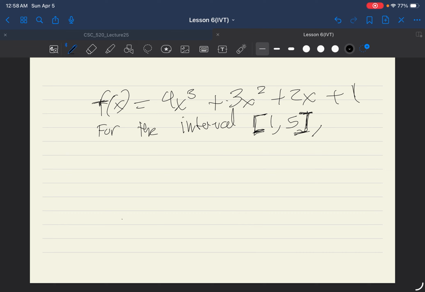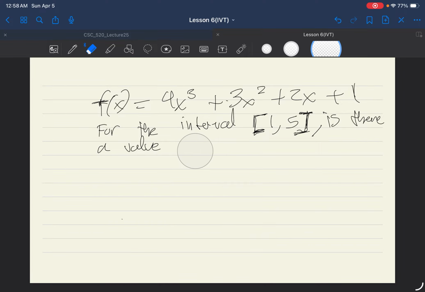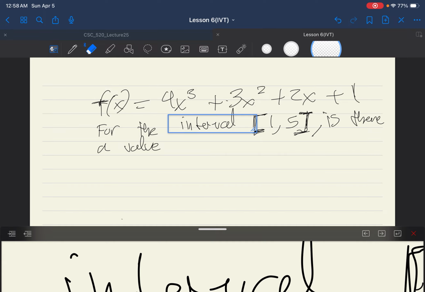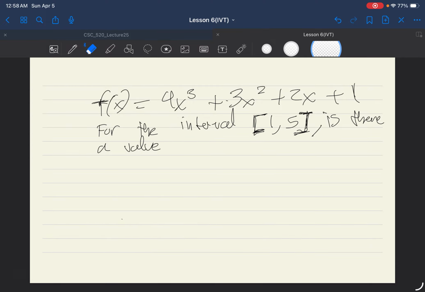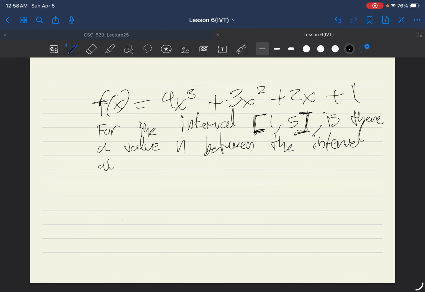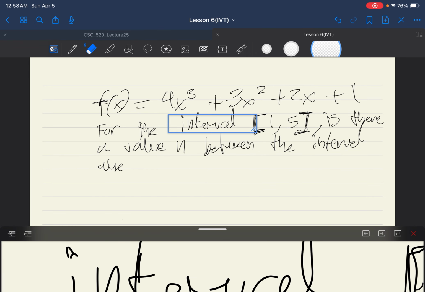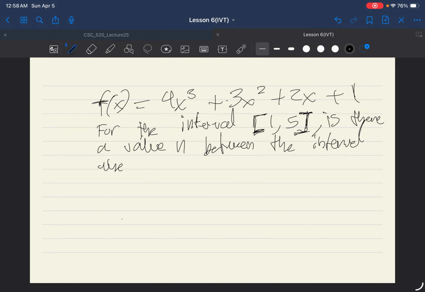For the interval 1, 5, is there a value n between the interval where f of n is going to be equal to a particular number?